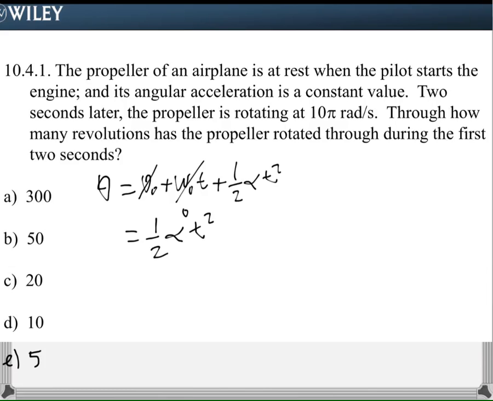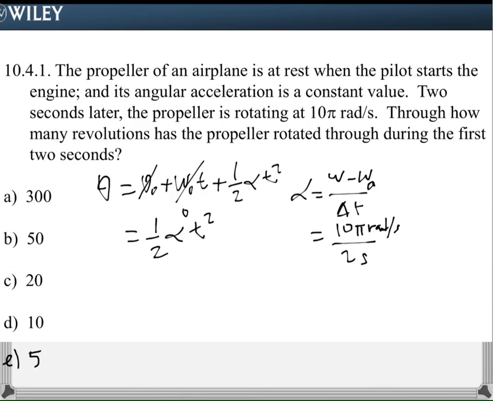What is alpha? Can you find alpha? Omega minus omega 0, divided by delta t. So omega goes from rest, 0, to 10 pi radians per second, divided by 2 seconds.